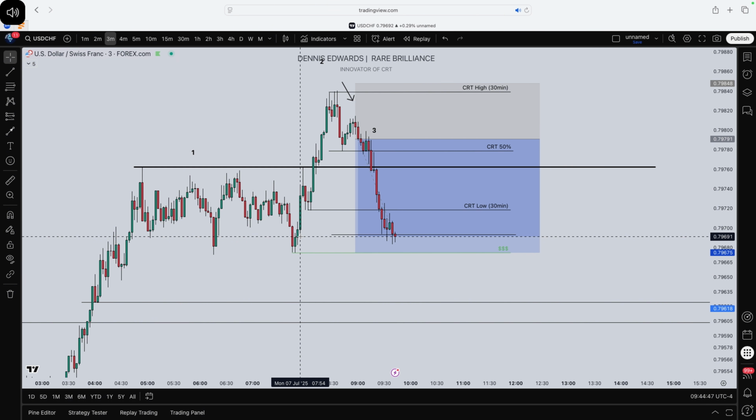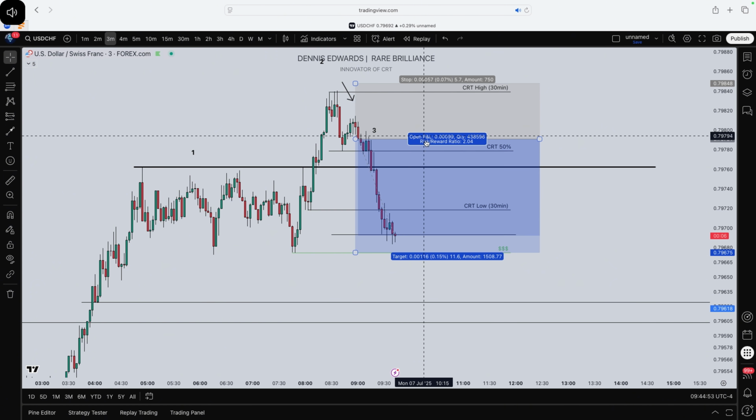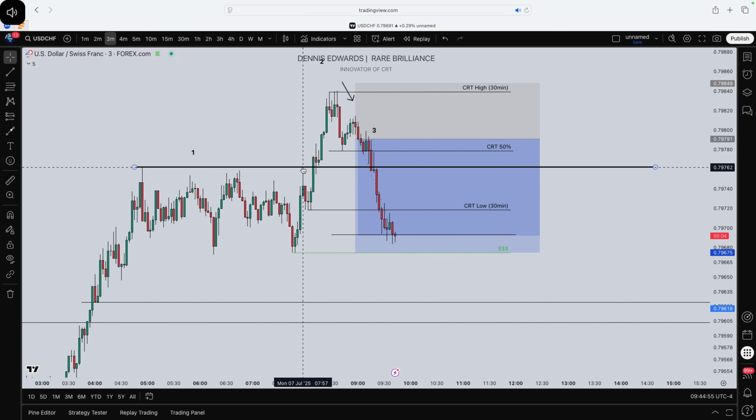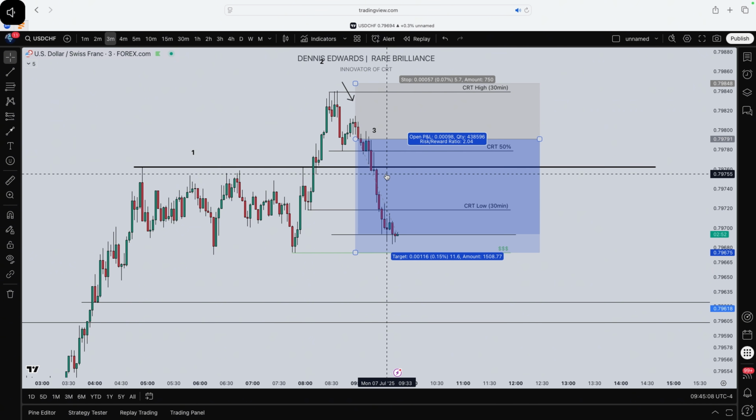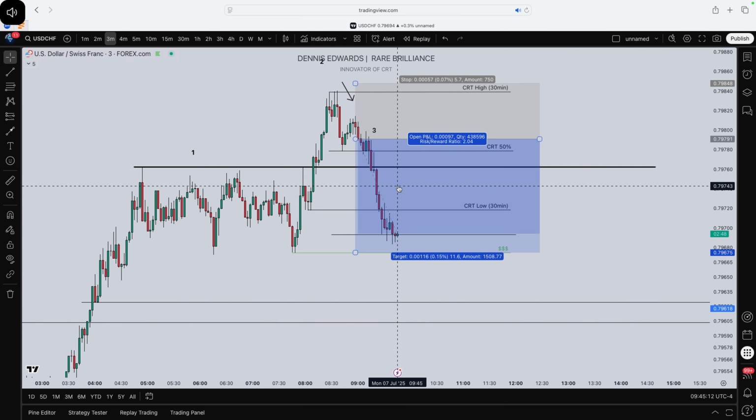I also find this interesting how this candle, like, we're on the 3-minute time frame, but on the 3 hour time frame, this line was the beginning of a 3 hour CRT high. And so this is actually a perfect level of accumulation, a perfect show of manipulation, and then a perfect confirmation of us entering the distribution from a higher time frame perspective.